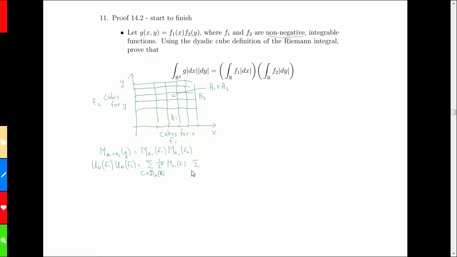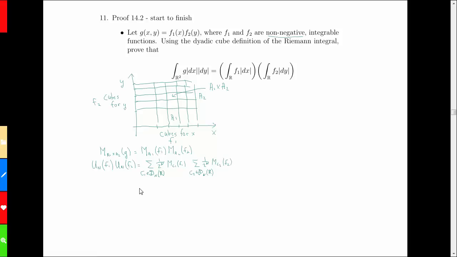Then doing the same thing for f2, we're summing over cubes called C2, which are dyadic cubes in R along the y-axis. And for the upper sum, we get the volume, i.e. the length of one of those cubes, times the supremum of f2 over that cube.